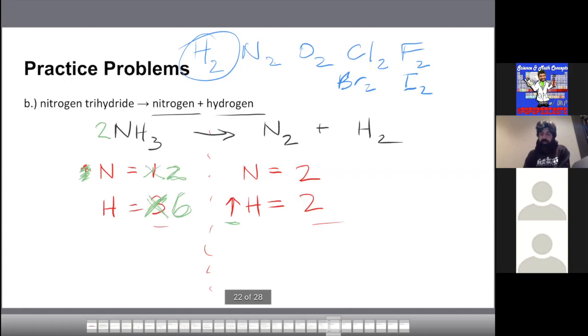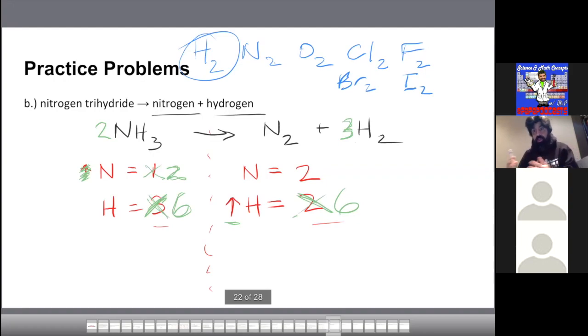Right now there's a number in front of the hydrogen, and that number is a 1. That 1 doesn't work. So what number are we going to put? We are going to put a 3 there because 3 times the 2 will give me 6 hydrogens. Okay, so the skeleton equation is what I've written in black.